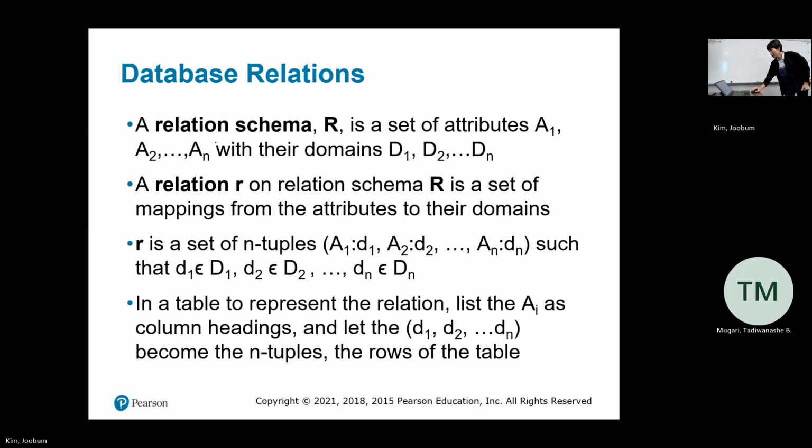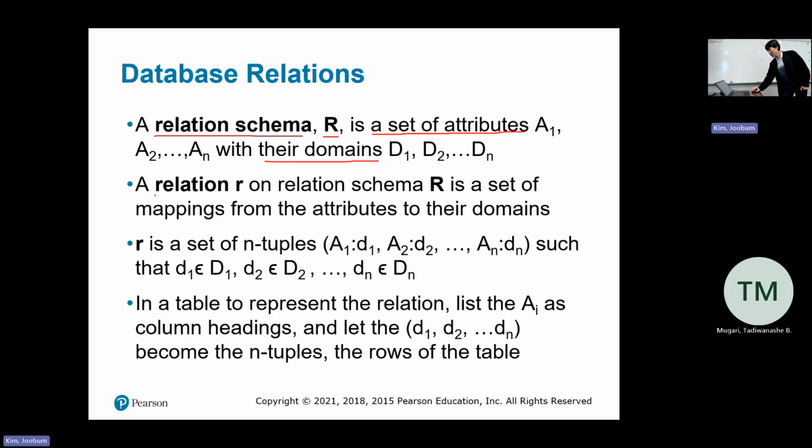First of all, the definition: relation schema, capital R. What is this? A set of attributes with their domains. What are the attributes? Columns. Okay. If so, what is the domain? In the next page, I'd like to introduce more detail with an example.